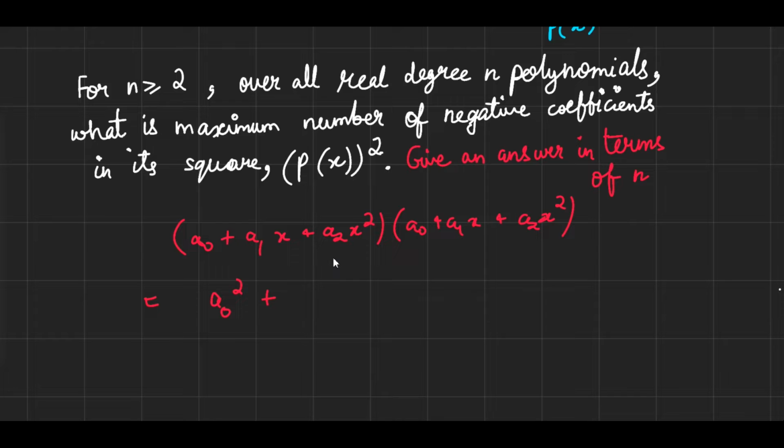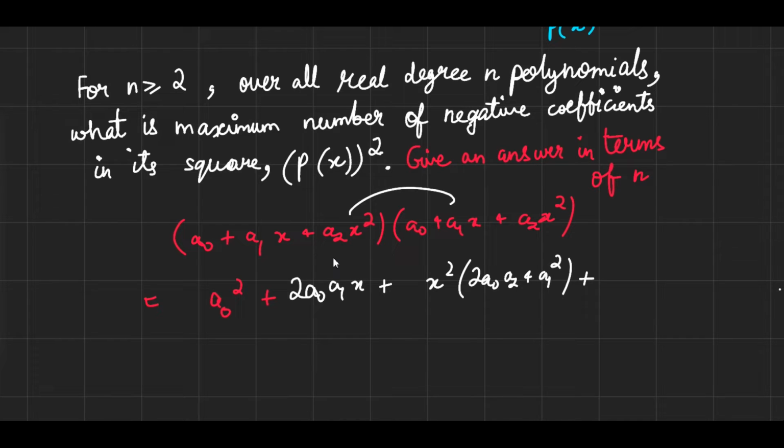How do you get an x term? Well, you could have a1 x times a0 from here and a1 x times a0 from here. There's two ways to get that, so you have 2 a0 a1 x. How can you get x squared? Well, you can have this times this, this times this, and this times this. And so for x squared, you've got 2 a0 a2 plus a1 squared.